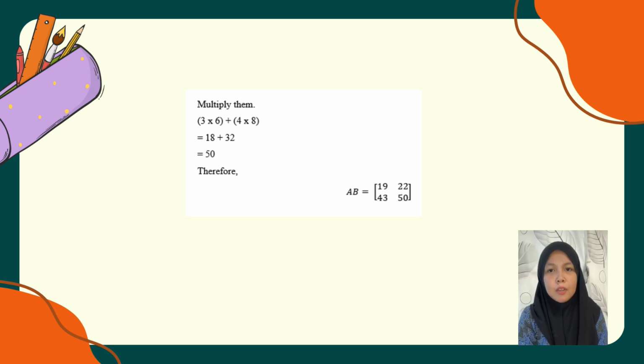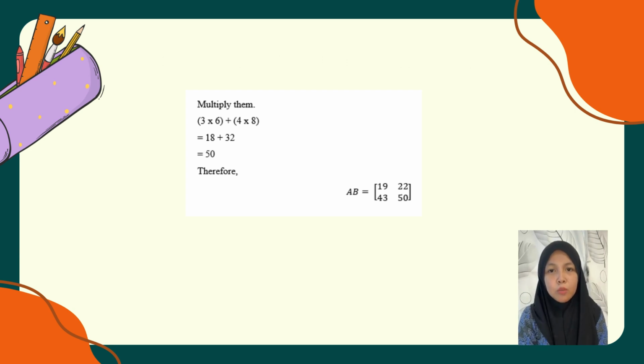Therefore, matrix AB equals 19, 22, 43, and 50. This is the product of matrix A and matrix B. As you can see, every element is obtained using exactly the same row by column procedure.